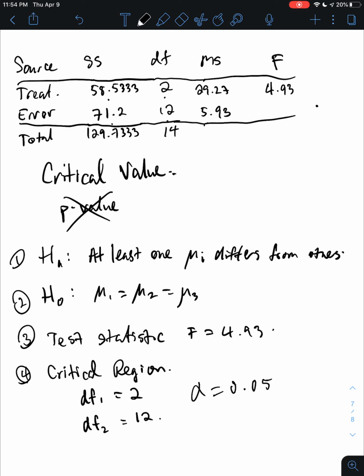So that's the second column, the column labeled df1 equal to 2, and the 12th row, that is df2 equal to 12. And then in the sub-row corresponding to 0.050, we read that corresponding number and it should be 3.89. So this is a skill that you need to practice. You need to learn how to use your F tables. So the critical value is 3.89.